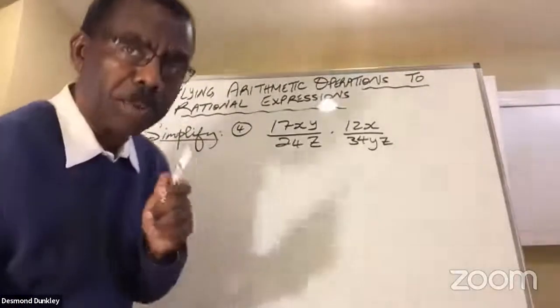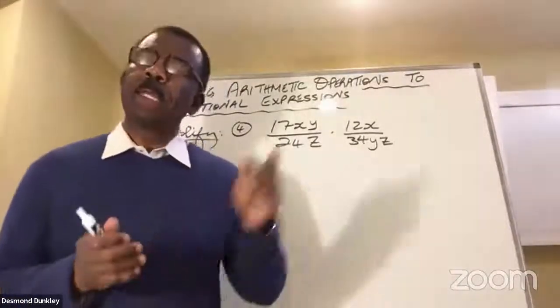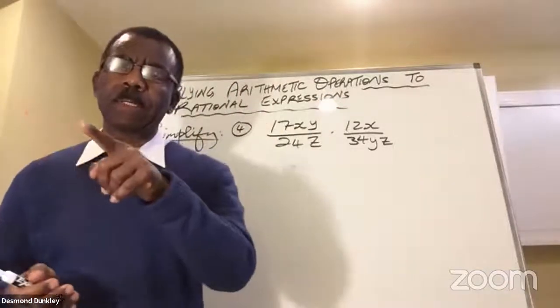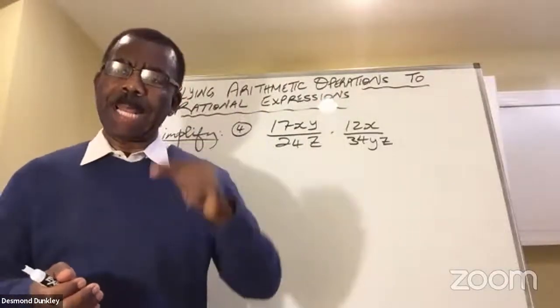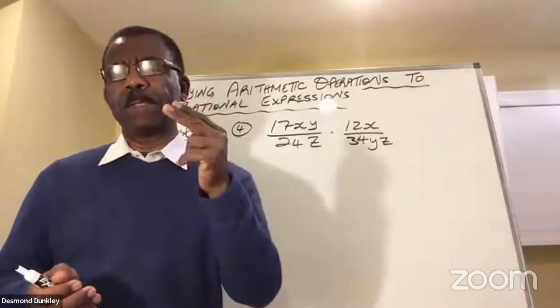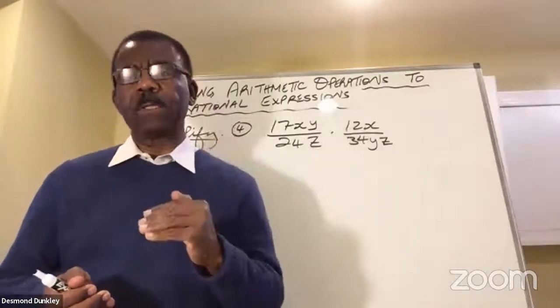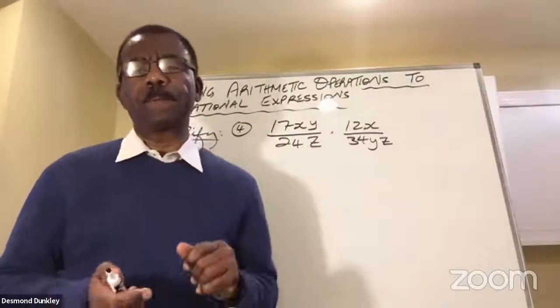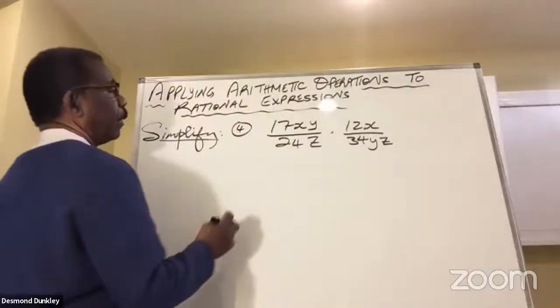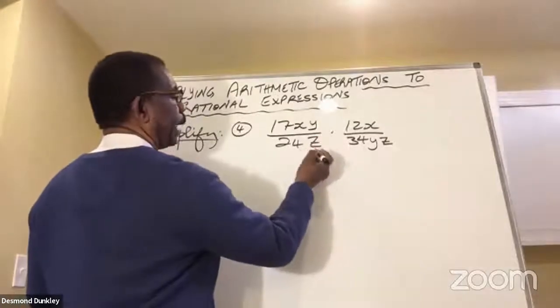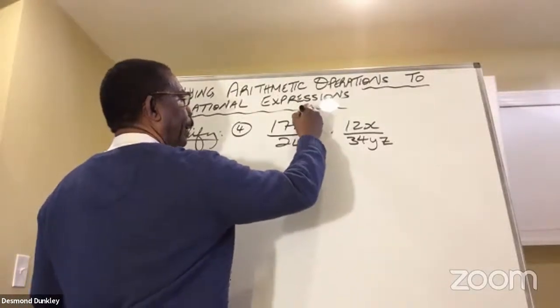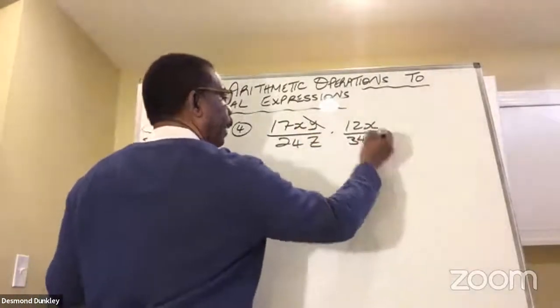That is very important. Let me say it one more time. If you're doing multiplication and you have the same thing on top and on the bottom, they will cancel. But if you're doing addition or subtraction, you cannot cancel. Okay, so here we go. As I look at this, I see this y cancels this y.